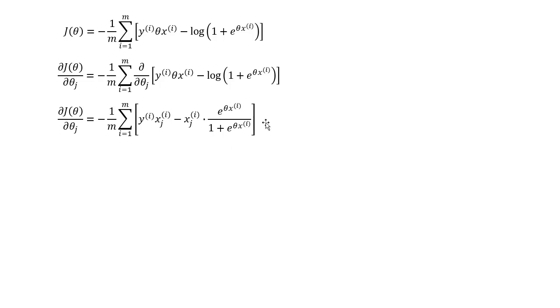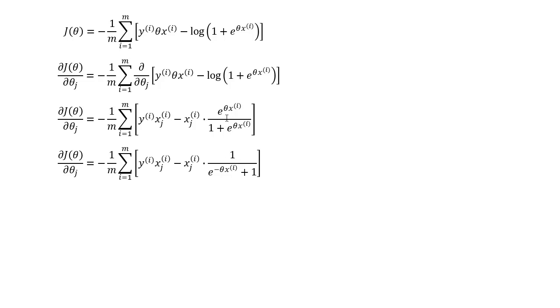Alrighty, so now that we have that, we're going to do something kind of strange. We're going to leave the first term completely untouched, minus x_i sub j, that's untouched, times, now to get to this piece, we divide every single term in the previous step by e to the theta x_i.